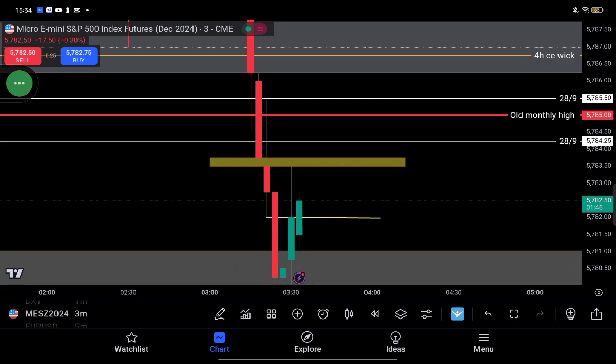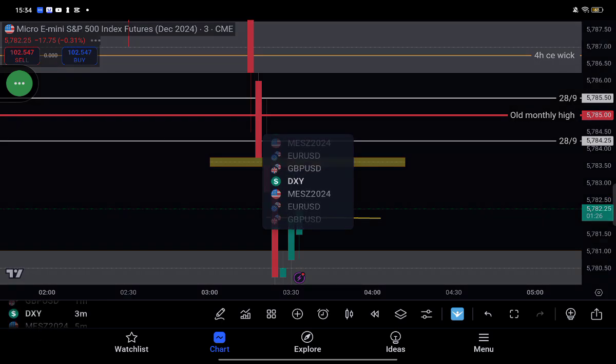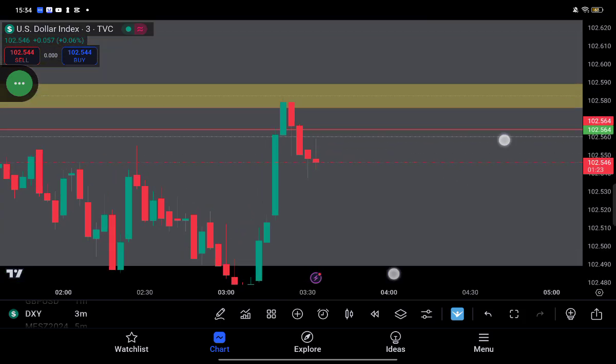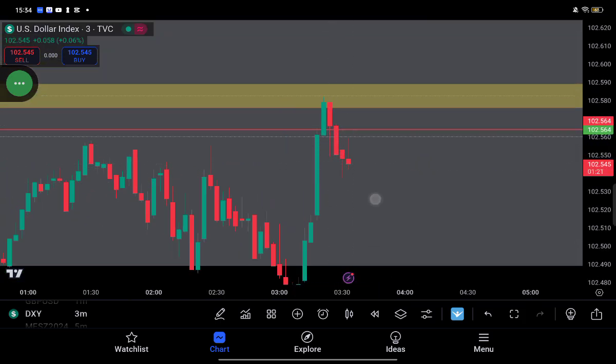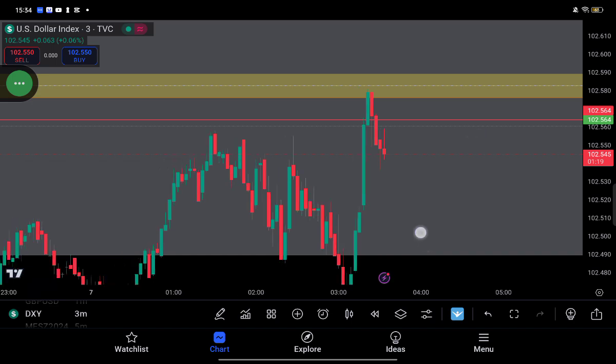So now we wait. Okay, I'll tell you why I'm still willing to sit in the charts right now: dollar is really moving as I expect it to, and it cleared up this buy side.